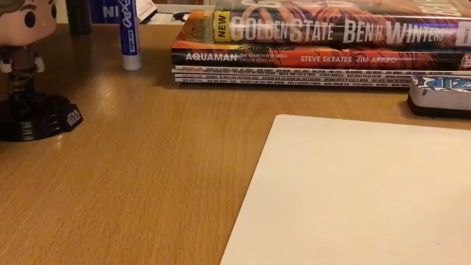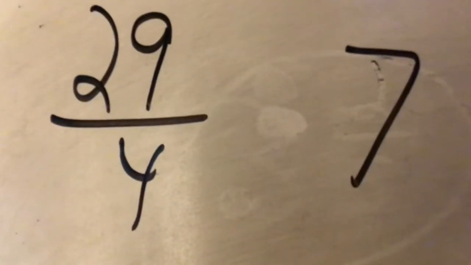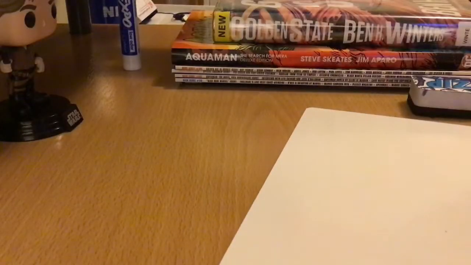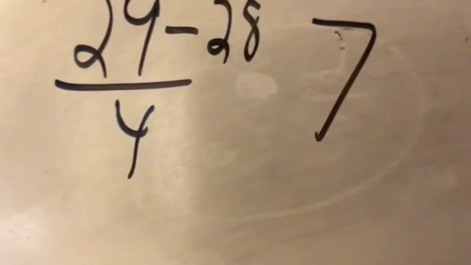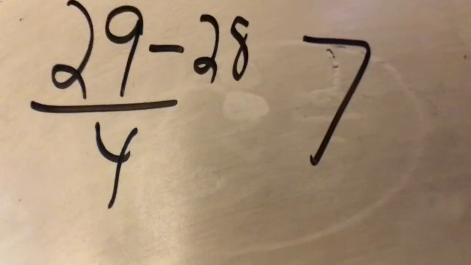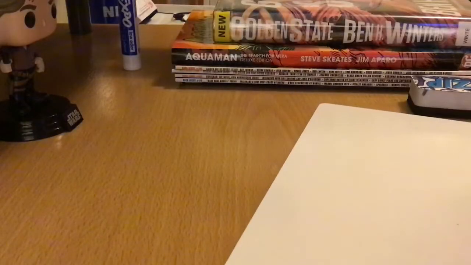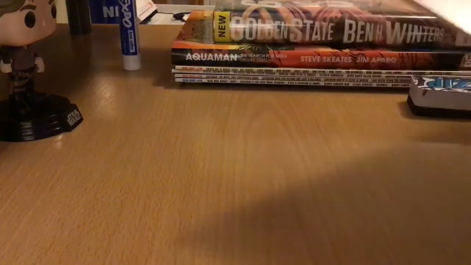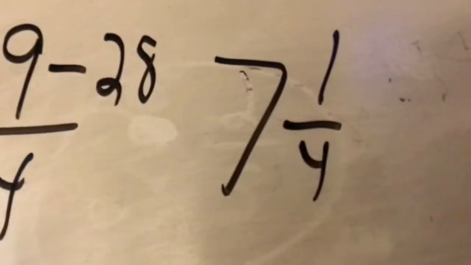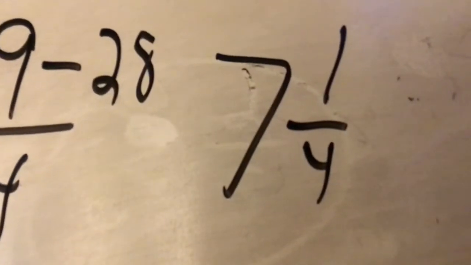Yep, okay, 7. And what is 4 times 7? That's right, it's 28. So I'm going to subtract 28. And what am I left with then? I'm left with 1. So that gives me 1 out of the 4. So 29 fourths is equal to 7 1/4, right?